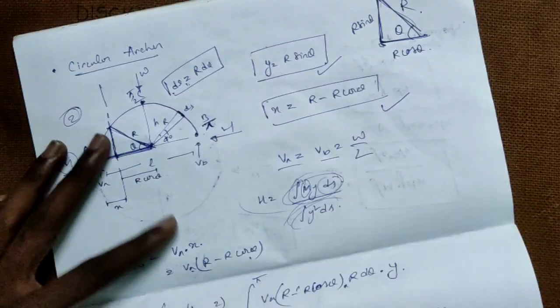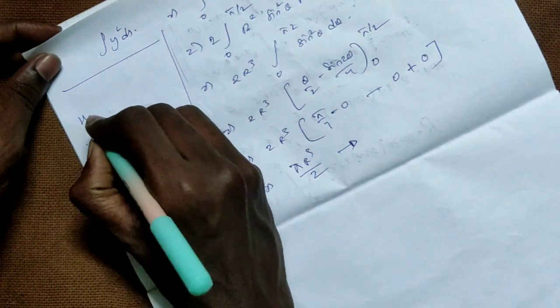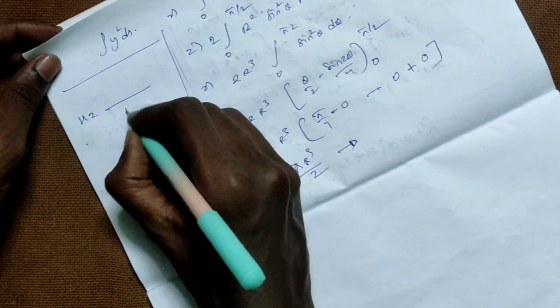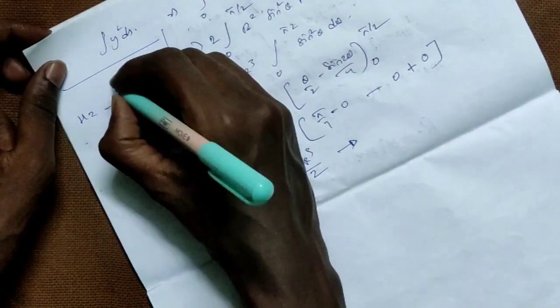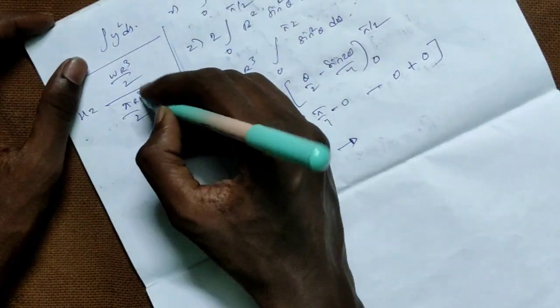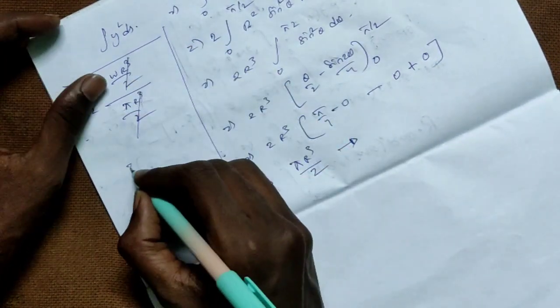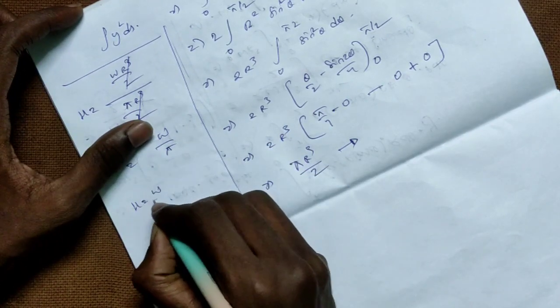So we got the numerator as this and the denominator as this one. Finally we get h equal to W r cube by 2 over pi r cube by 2. The r cube by 2 gets cancelled, so h is equal to W by pi.